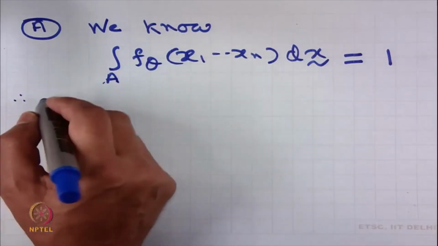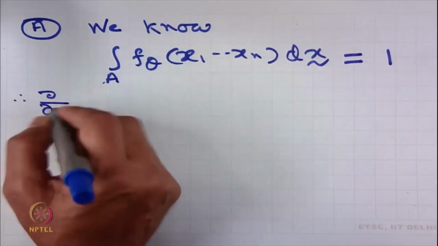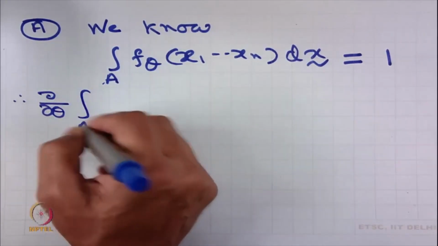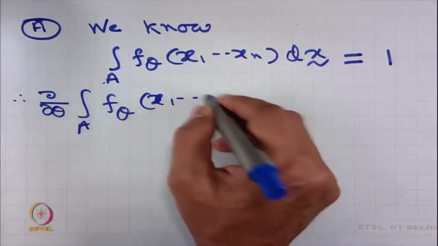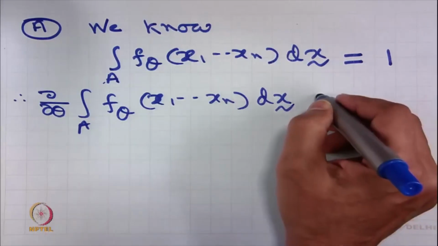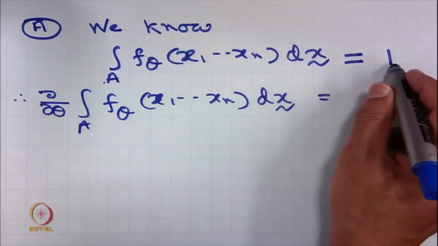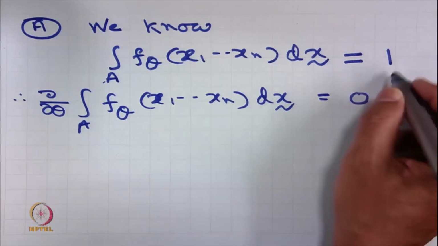Therefore, del theta over A of f theta x 1 x 2 x n dx is equal to, now I am differentiating this with respect to theta, and this is going to be 0.